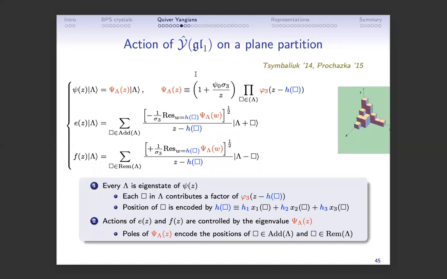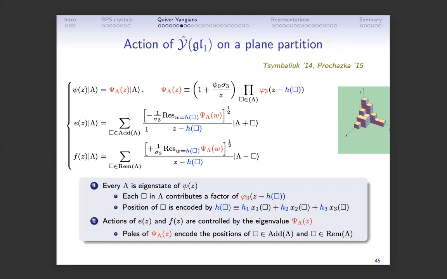You have one factor coming from the vacuum, which basically tells you how to start growing your plane partition. And then for each box inside your plane partition, you have a factor of this phi 3 function. The phi 3 function gets shifted by the equivariant weight of the particular box.